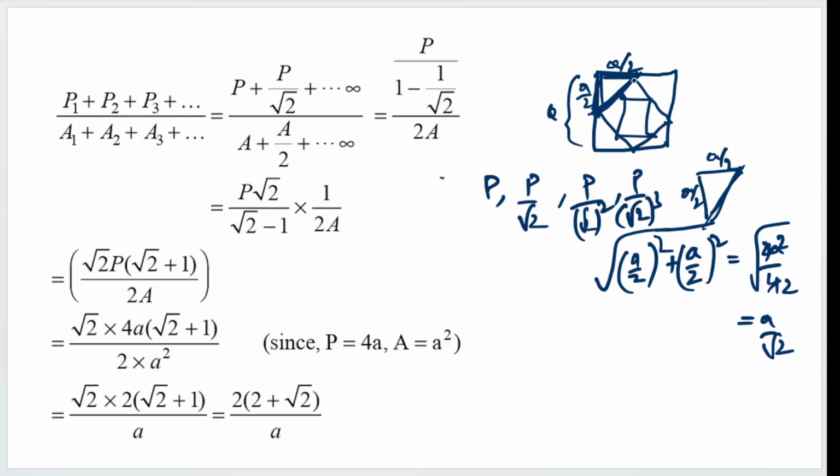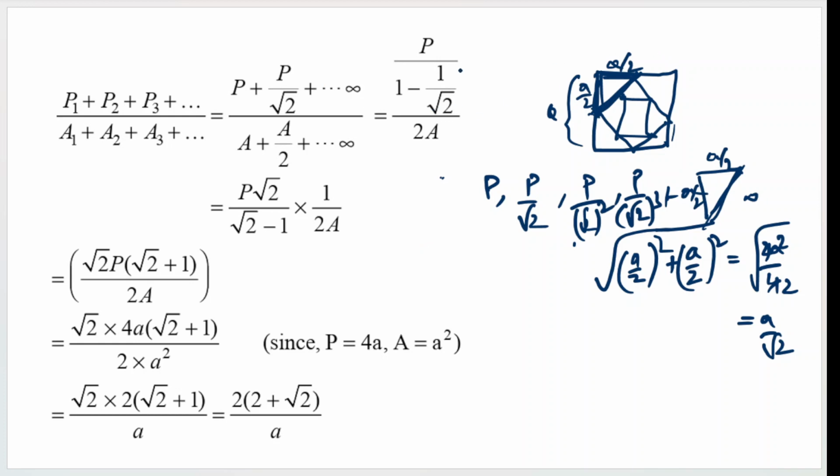So each subsequent perimeter is 1 by root 2 times the previous one. So the total perimeter is P plus P by root 2 plus P by root 2 square plus P by root 2 cube, until infinity.